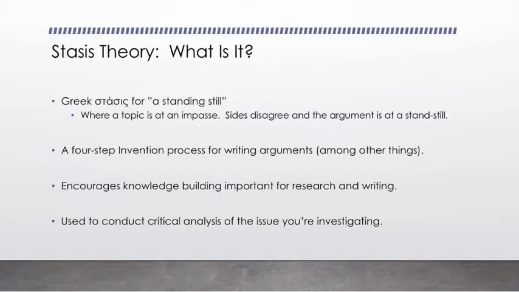So, what are we using stasis theory for? This is really an invention process, meaning it helps you create ideas or helps you figure out ways to write your essay. Finds focus and topics for your essay. It also helps encourage knowledge building in your content area, so that you can address topics that are not being addressed within the topic that you chose.